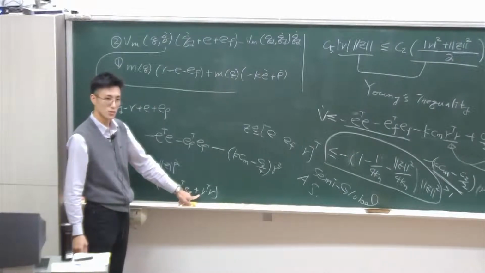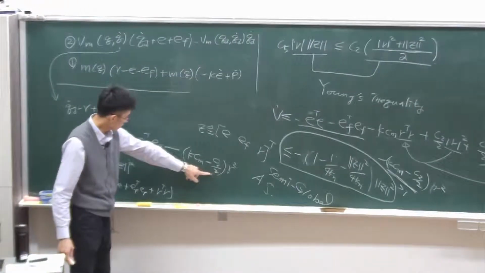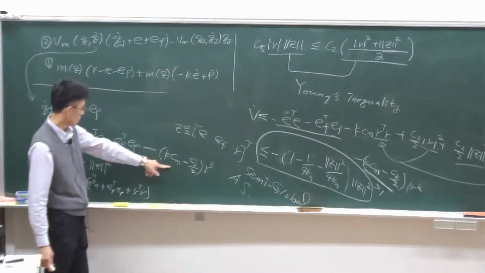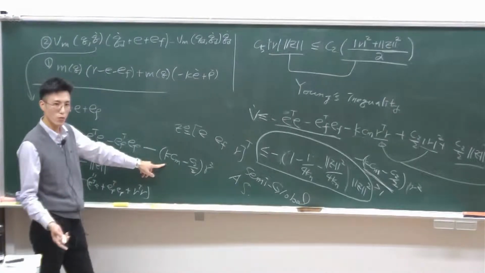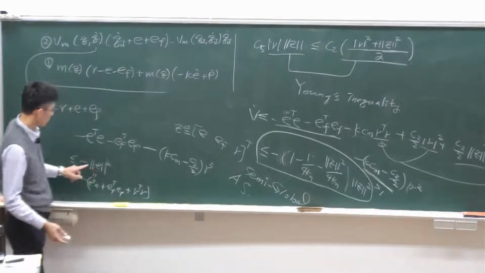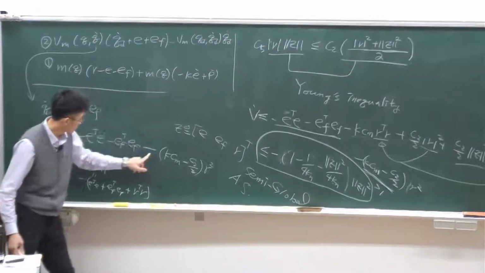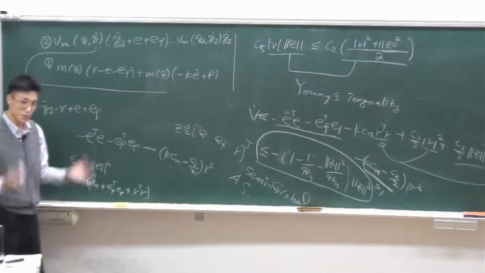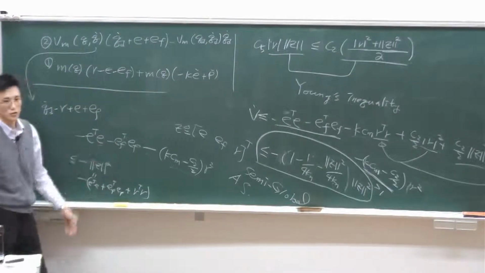Coefficient of R squared is minus 1. So the coefficient for R squared has to be 1 or greater than 1, such that you can upper bound it. If it's greater than 1, for example, minus 2 R squared can be upper bounded by minus 1 R squared.